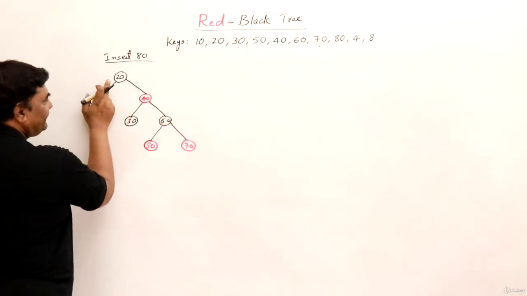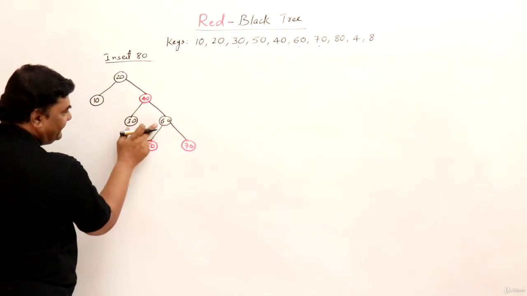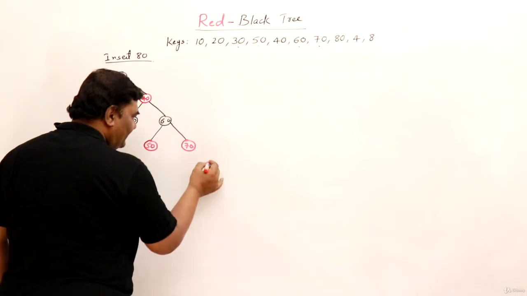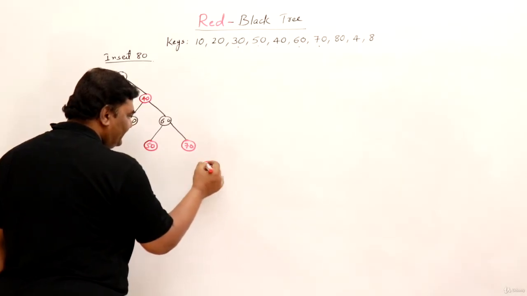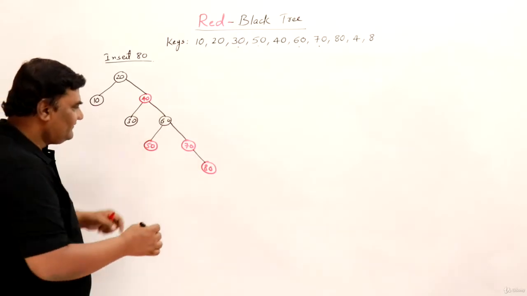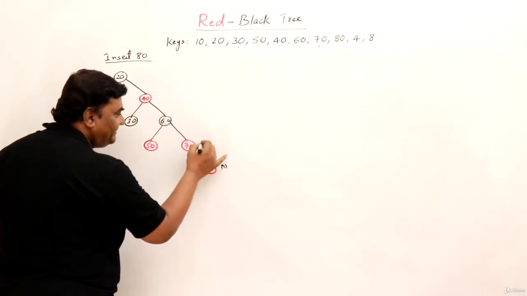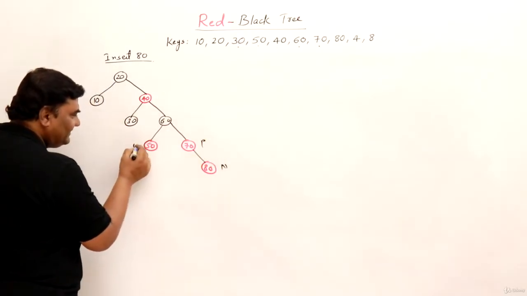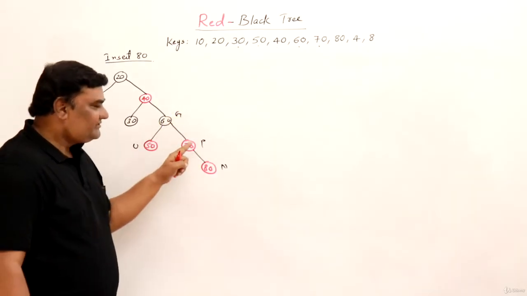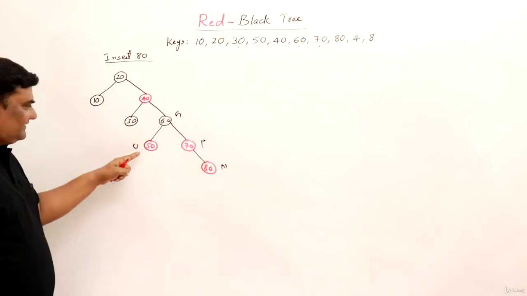Where should it come? 80 is greater than 20, greater than 40, greater than 60, greater than 70. So 80 should come here as a right child of 70. Now red conflict. This is a new node. This is parent and this is uncle and this is grandparent. Red conflict is there. So check uncle color. Uncle is red.